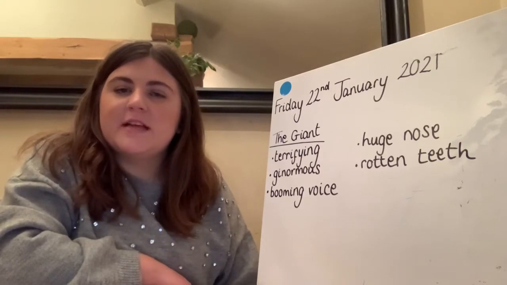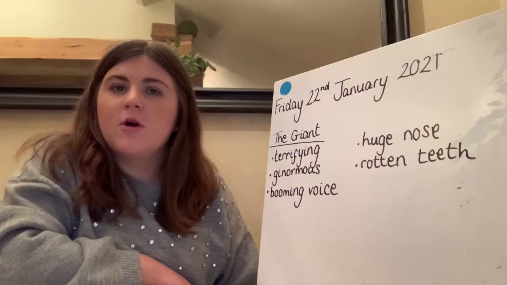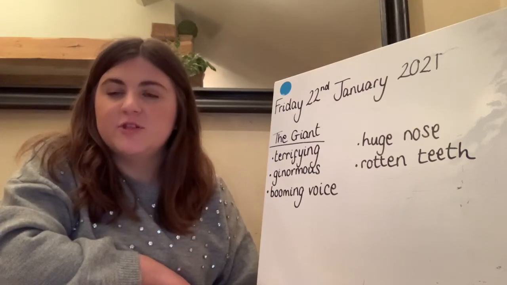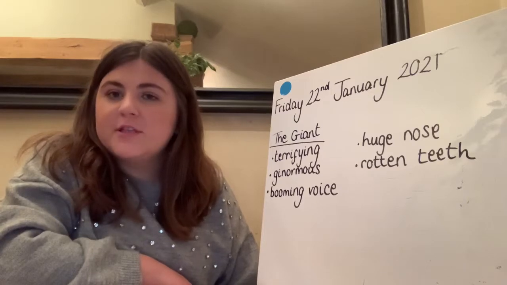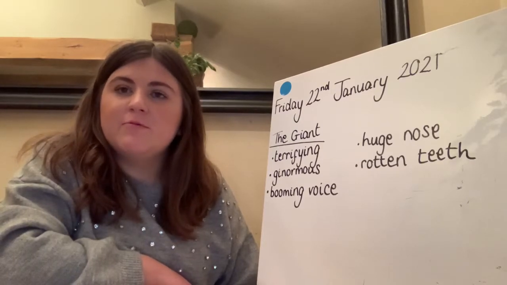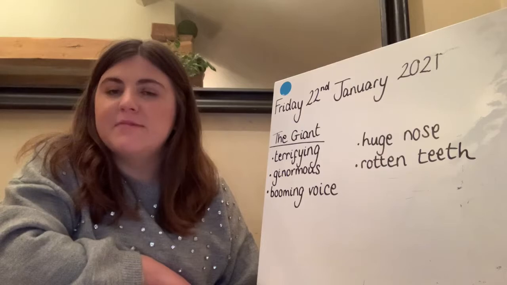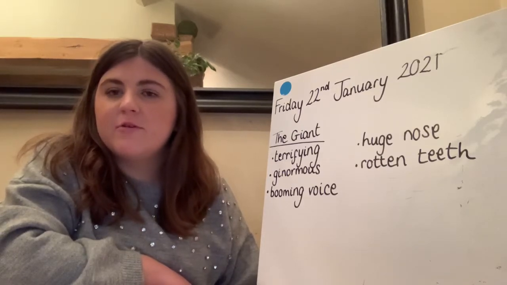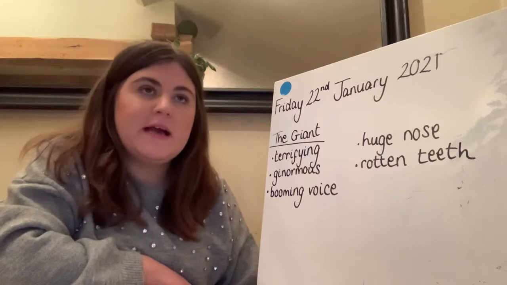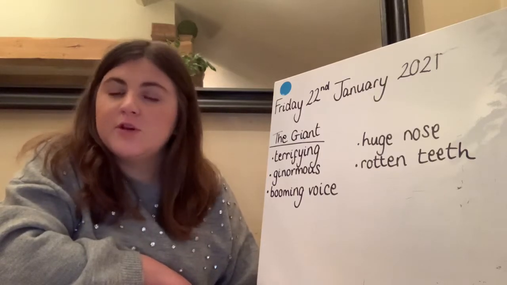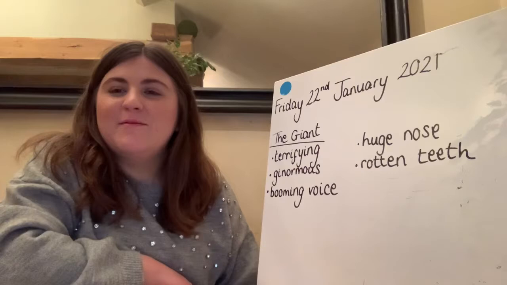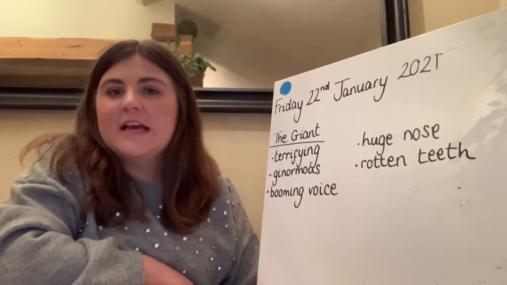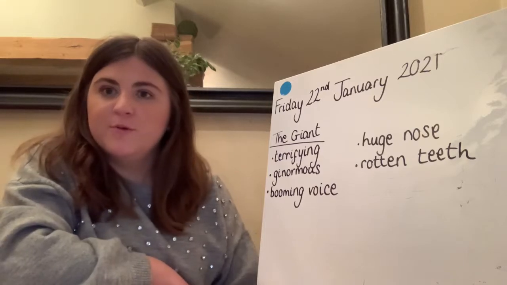We wrote one for the giraffe from The Smartest Giant in Town, and we also wrote character descriptions when we were reading The Great Paper Caper. You described some of the characters from that story. It might have been the bear, the moose, the goose, the pig, or the owl, but you have had a go at writing character descriptions before.